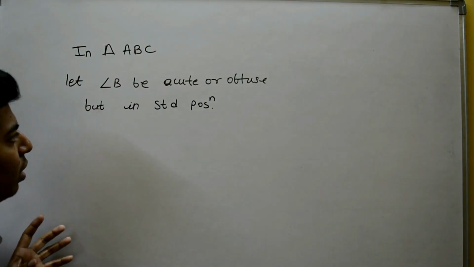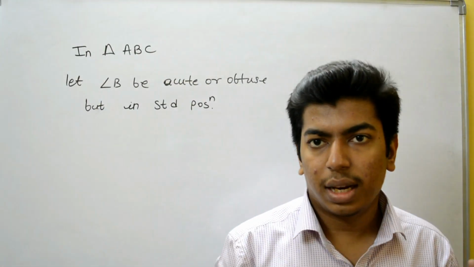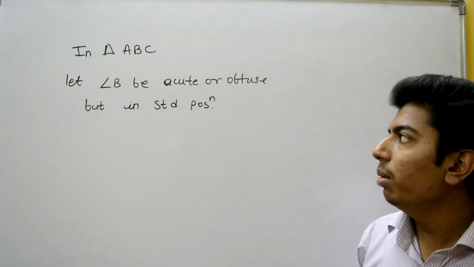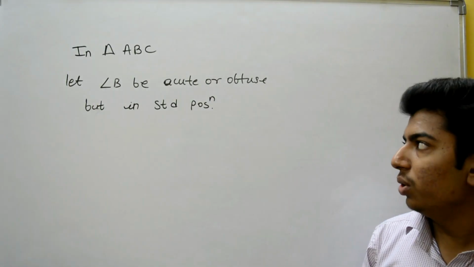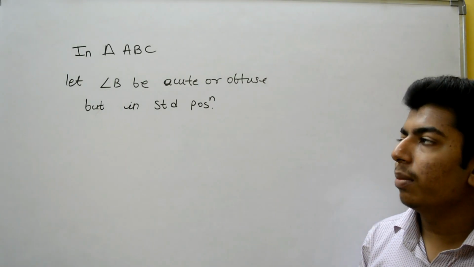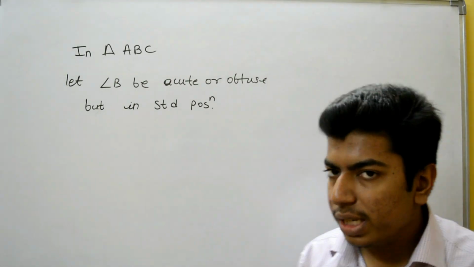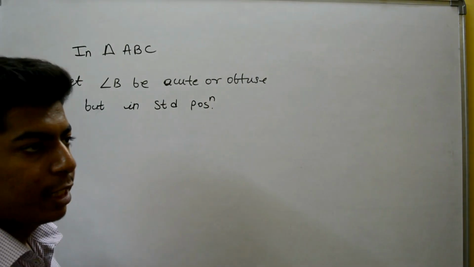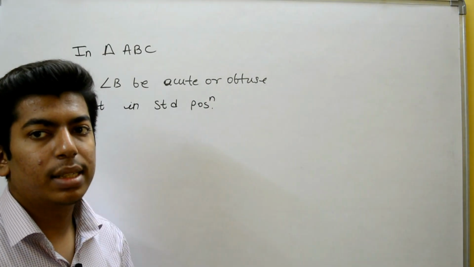So now consider a triangle ABC and let the angle B be acute or obtuse but in standard position. So the diagram will be two diagrams, first considering angle B as acute and the other considering angle B as obtuse.